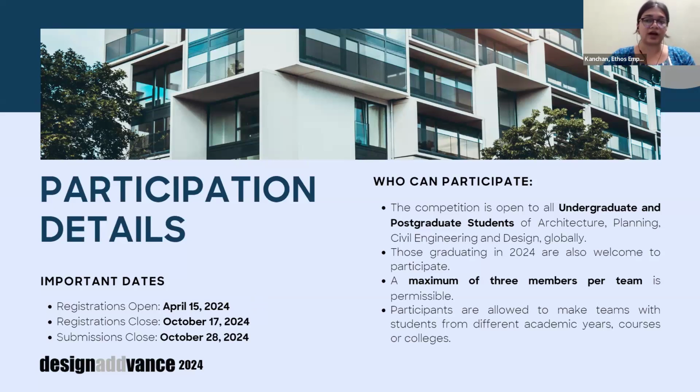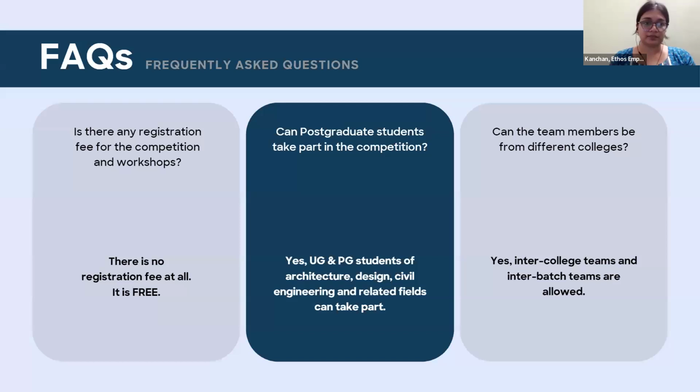For example, if you have a friend who is an engineer and studies in a different college, you can also make a team with them. Just ensure that the team has at least one architecture student.